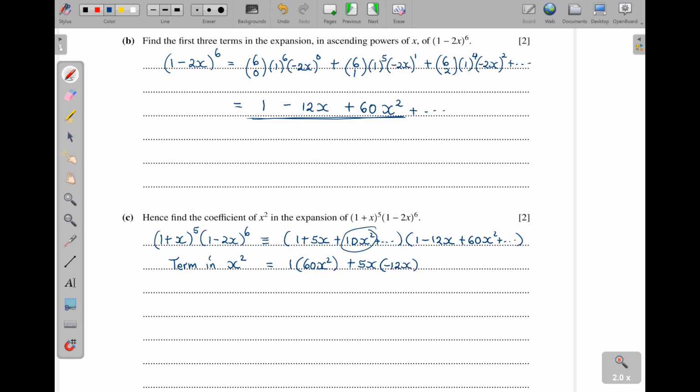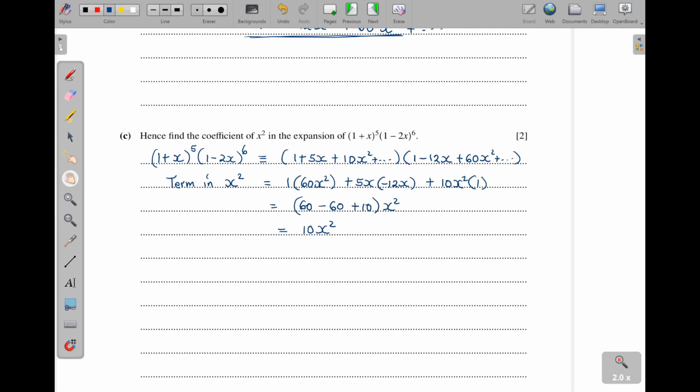And then this 10x squared will multiply with this 1. The rest of the terms are not going to give us terms that end in x squared, so we just pick out only those ones. So we shall have a 60 here, and then 5 times negative 12, that will be a negative 60, and then plus the 10. All of these ones are ending in x squared. Of course, 60 minus 60 is 0, so we shall get 10x squared.